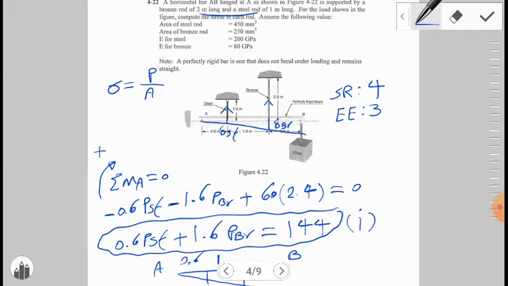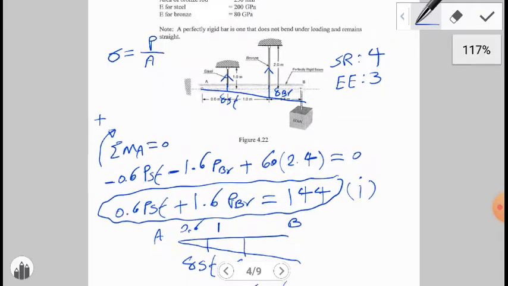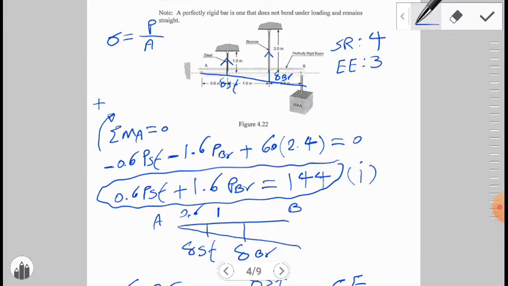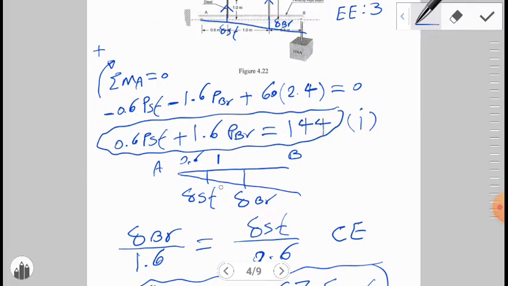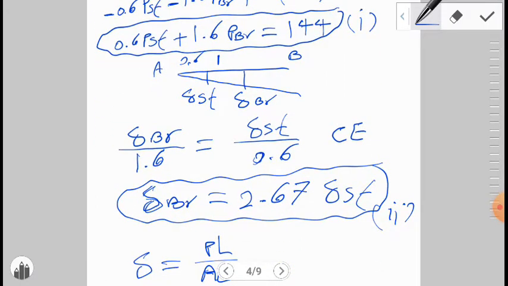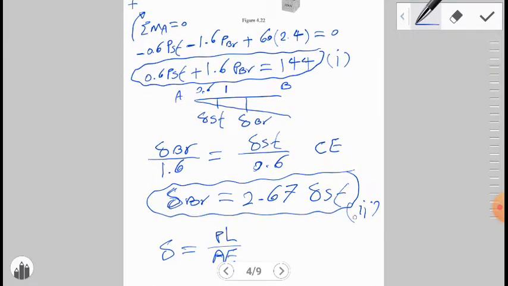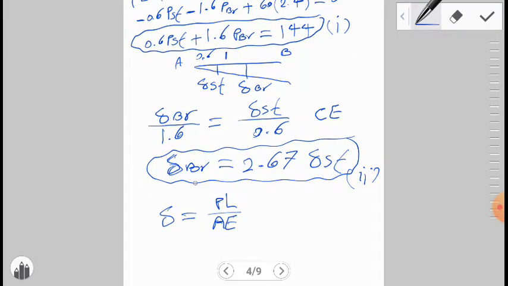Based on the equation of equilibrium, sigma M_A is equal to 0, we can find equation number 1 here. Based on the triangle similarity rule, we can find the relationship between the deformation of the steel and bronze, which gives equation number 2. We know that delta, the deformation in linear elastic members under axial force, is equal to PL over AE.